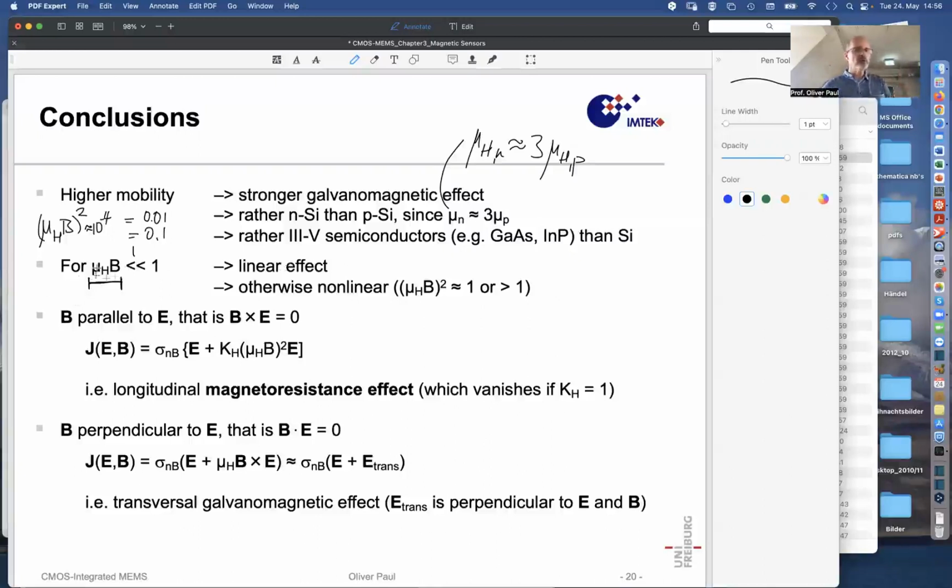And how large can B be for mu_H B to be 0.01? Mu_H B equal to 0.01 would mean that B is equal to 0.01 divided by the mobility in the same units as B. Let's say we want B in Tesla. Then we need to express that in Tesla. And I know that for low-doped silicon, as I mentioned before, the mobility in n-silicon is 0.145 or so.